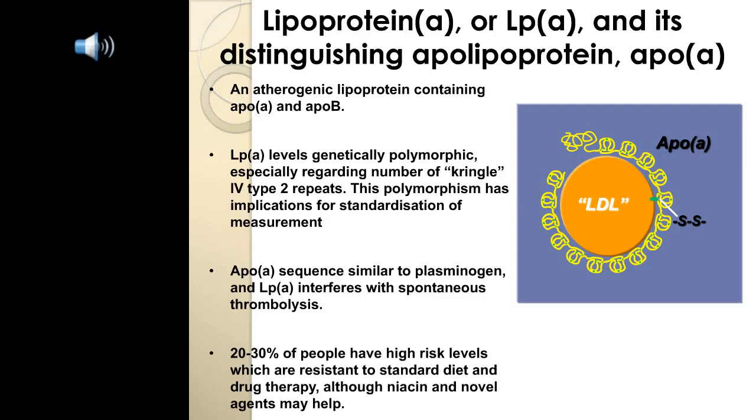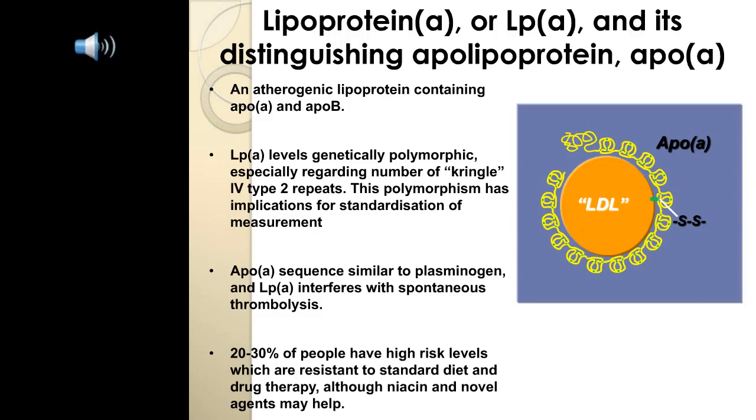The Apo(a) molecule is genetically polymorphic. It varies greatly in the number of Kringle 4 type 2 repeats. And of course this polymorphism, like we saw for triglyceride and fatty acids, has major implications for the standardization of measurement.